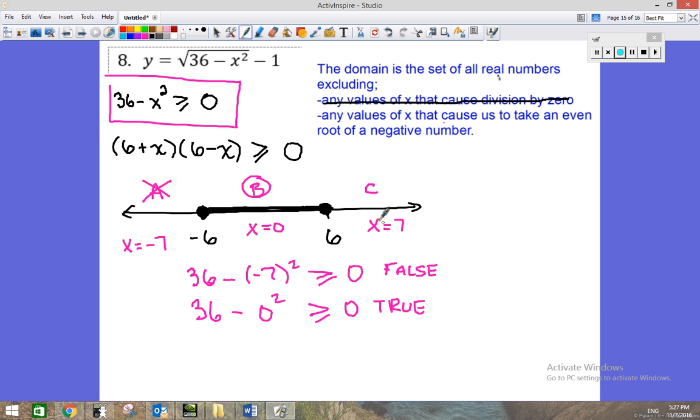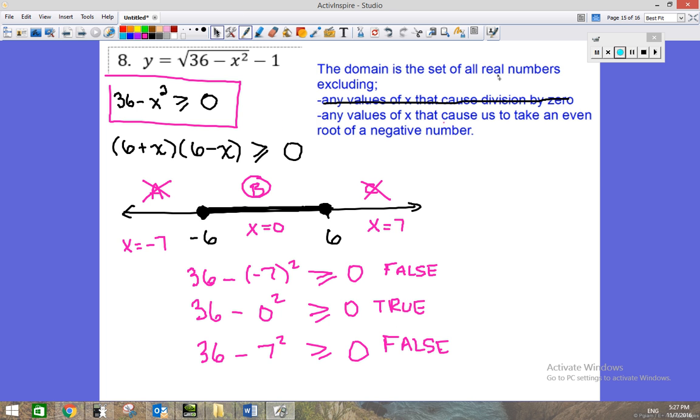All right, let's come over here and finish it. If we look at region C, we have 7, and let's plug that in. 36 minus 7 squared. Again, that's 36 minus 49, which is negative 13, and negative 13 is not greater than or equal to 0. That's false, so I'm not going to include this in my domain.